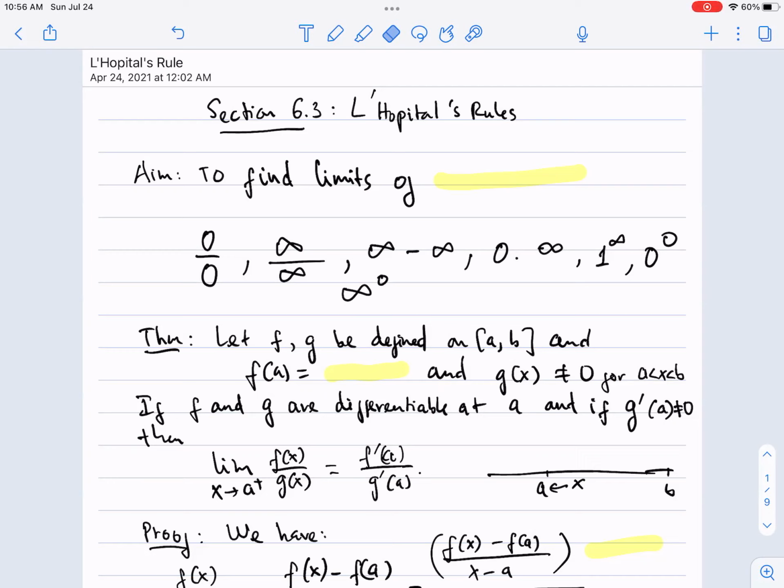The collection of these difficult cases is called indeterminate forms, and the aim of today's discussion is to develop a technique called L'Hopital's rule to find limits of these indeterminate forms.